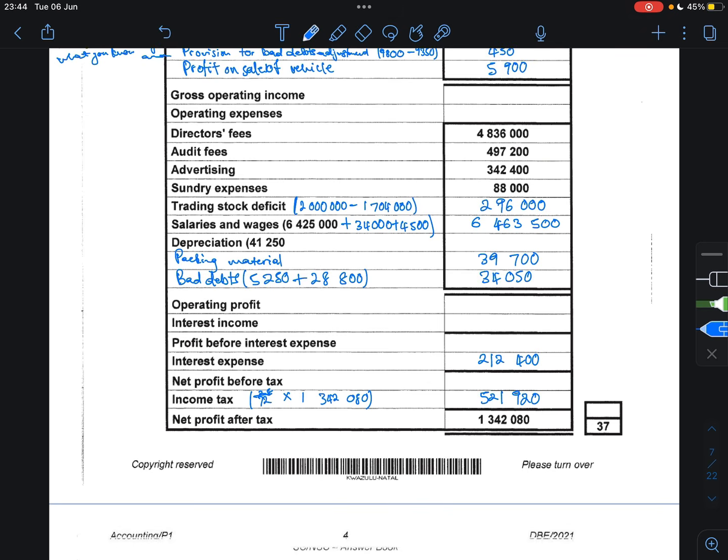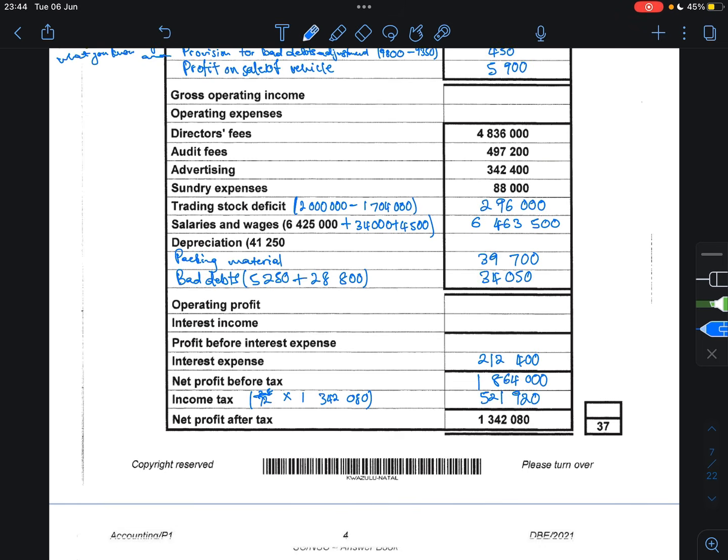And then you add these two amounts to get your net profit before tax, and you get 1,864,000.